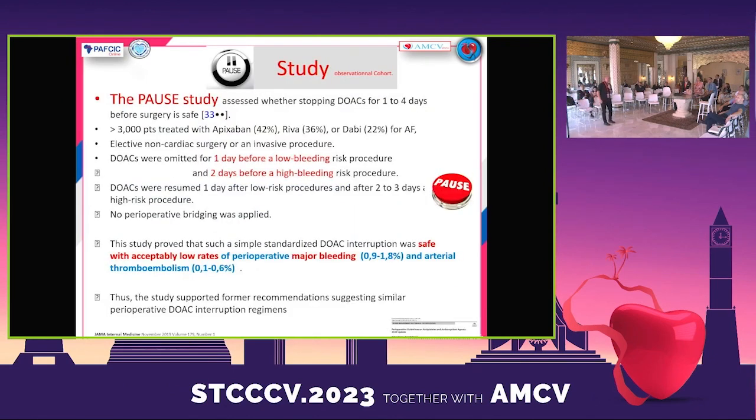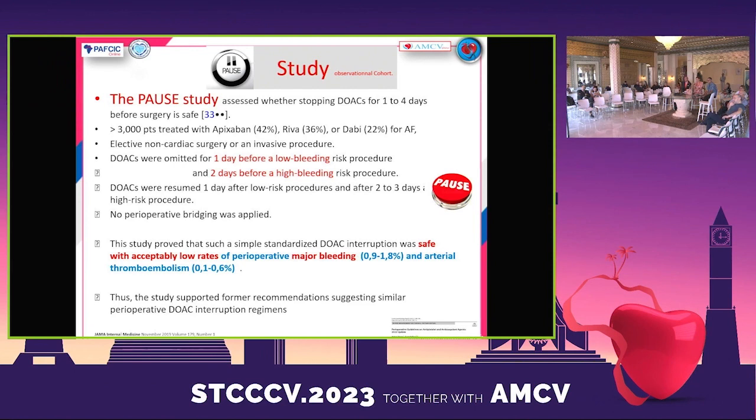Also, all the guidelines are coming from the PAUSE study. The PAUSE study is very interesting, a simple study of 300 patients, where DOACs were omitted 1 day before for a low bleeding risk, or 2 days before for a high bleeding risk. And restarting DOACs 1 day after low risk, or 2 or 3 days after high risk, with no perioperative bridging.